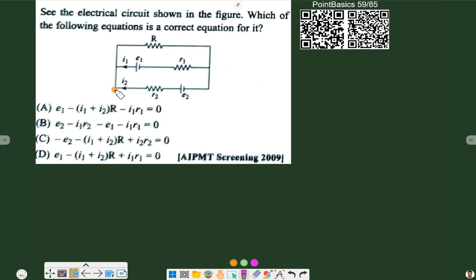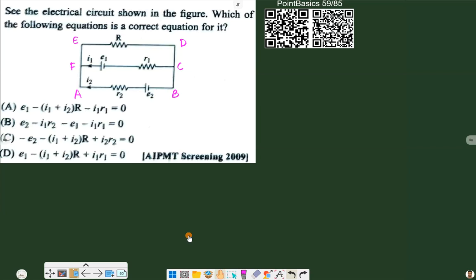First, let's add some markings here: A, B, C, D, E, F. So here we have 3 loops for which we can write equations. The first one is loop E, D, C, F, E. This is the first loop.